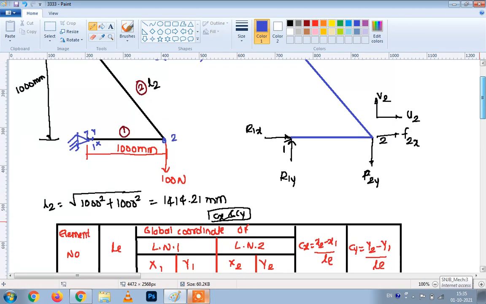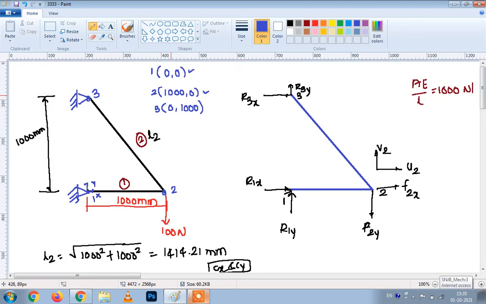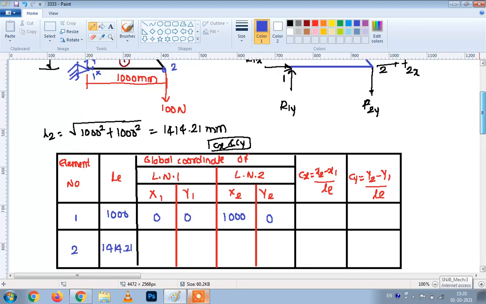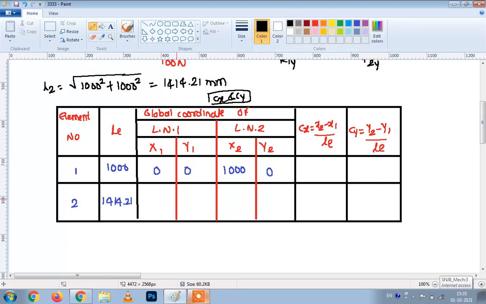Similarly, element number 2 is connected between 1000, 0 and 0, 1000. So for its local node 1, which is global node 2, the coordinates are 1000, 0, and for local node 2, which is global node 3, the coordinates are 0, 1000.